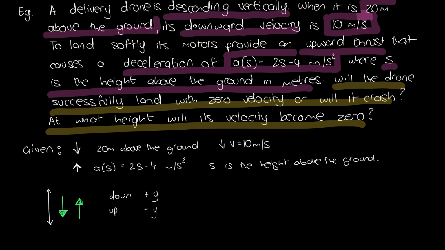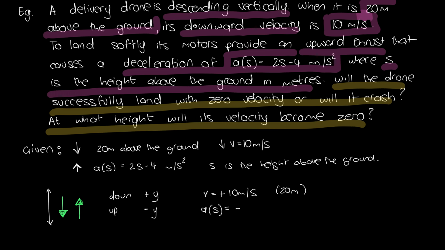If down is positive y and up is minus y, the reason we're doing this is because we want to discuss the ground and the height to the ground. We're starting at 20 meters above it, so let's use that to our advantage. So we have down is positive y, up is minus y, which means our velocity at 20 meters is positive 10 meters per second. And remember, it's at 20 meters. And then our acceleration, which is a function of position, is going in the opposite direction of motion.